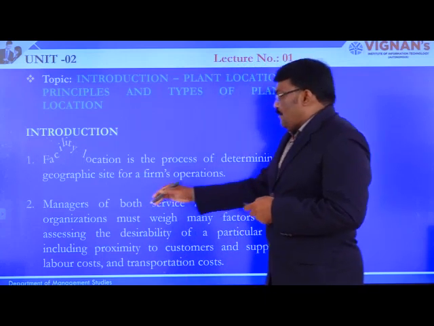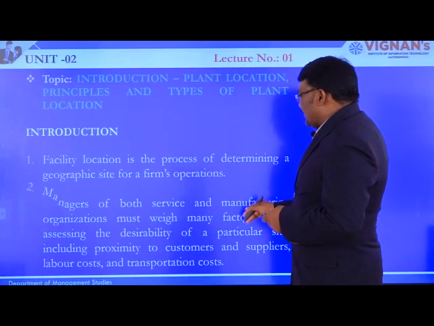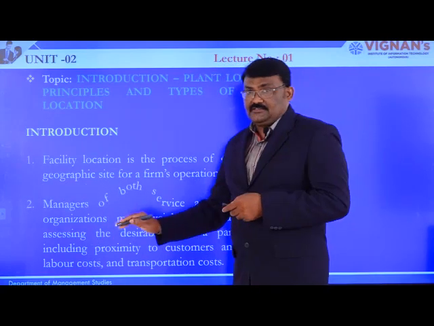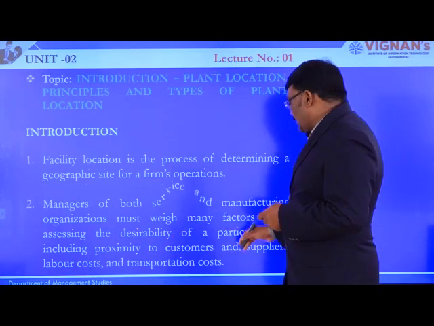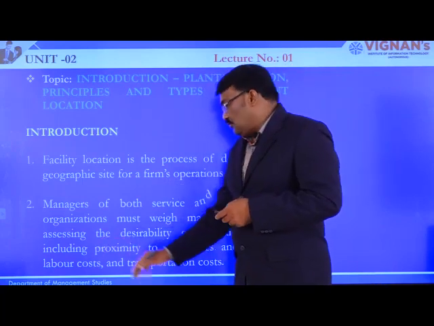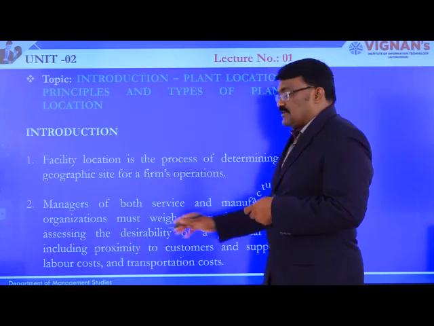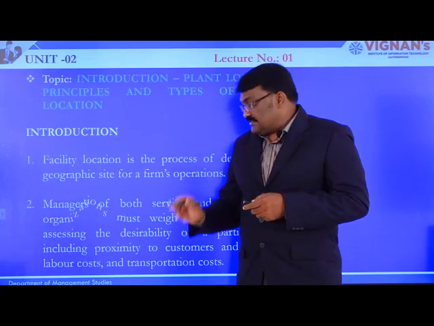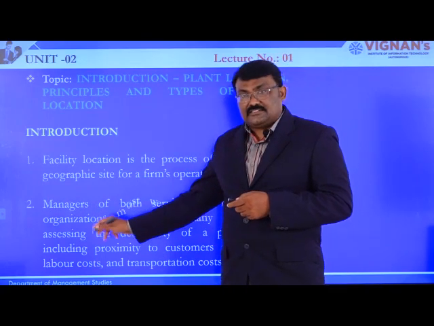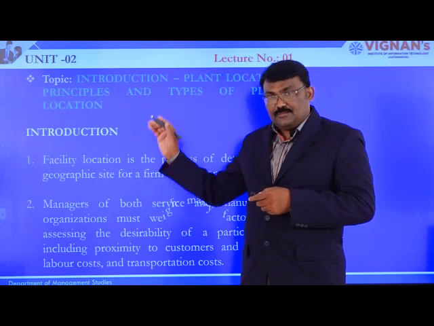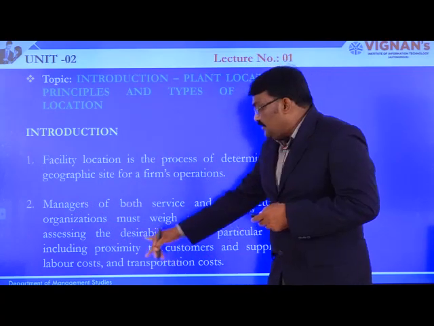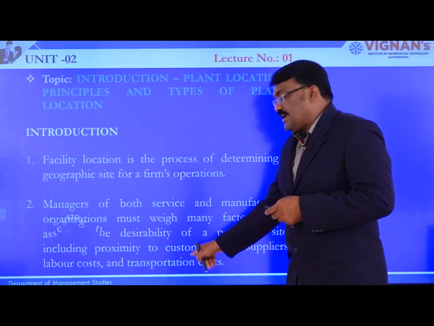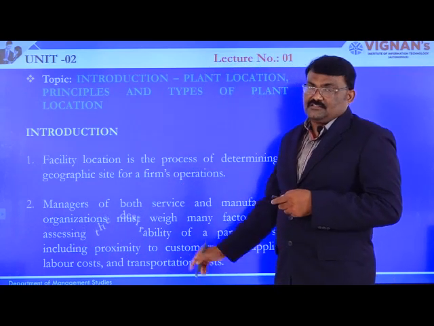Second, managers of both service and manufacturing organizations must weigh many factors in assessing the desirability of a particular site, including proximity to customers and suppliers. When managers are deciding on the layout of a particular location, they need to consider both suppliers and customers.